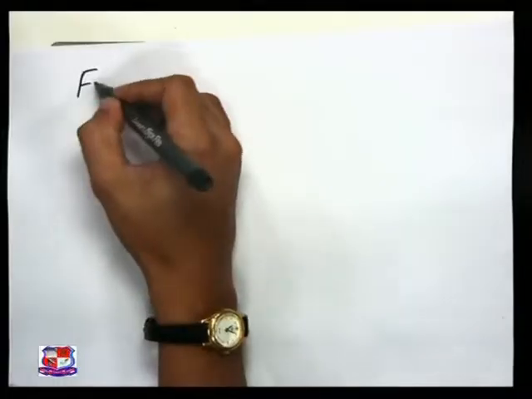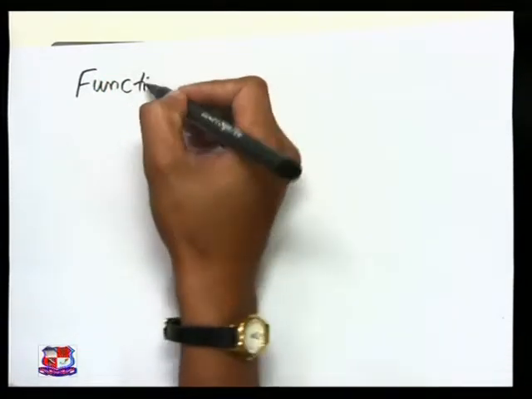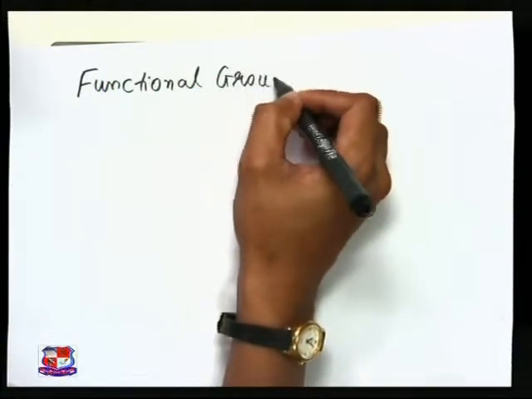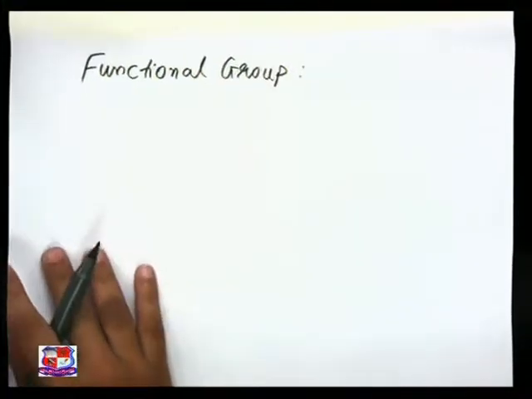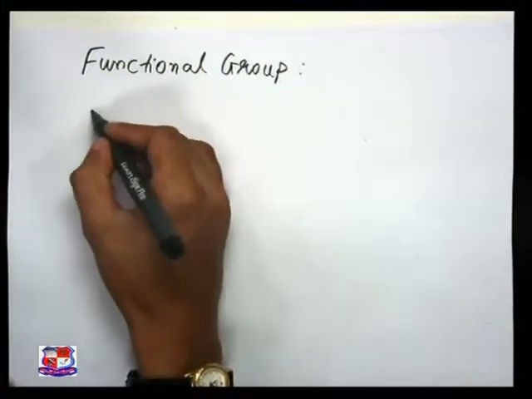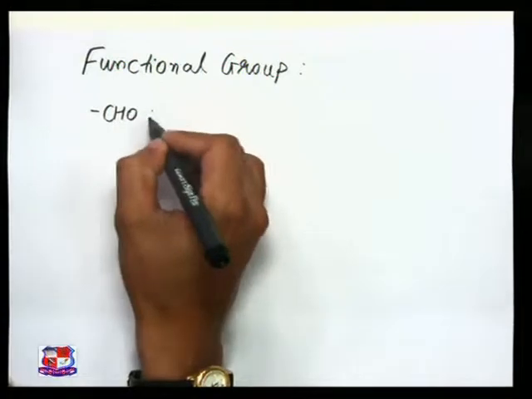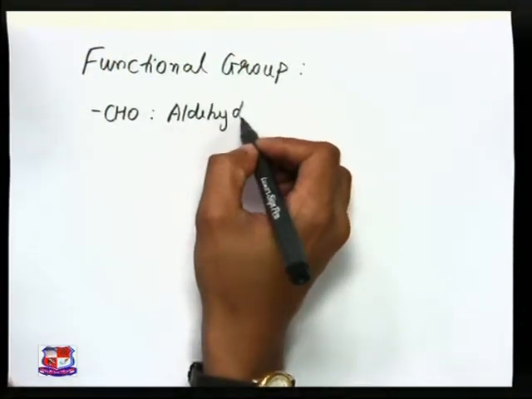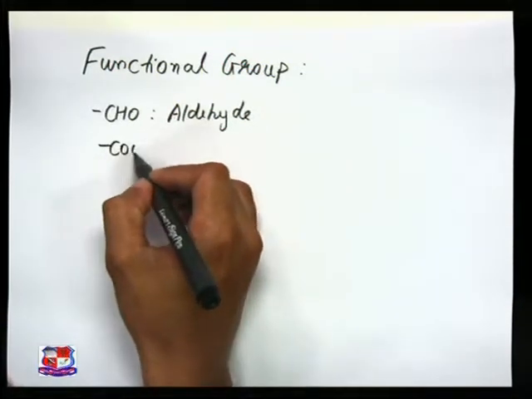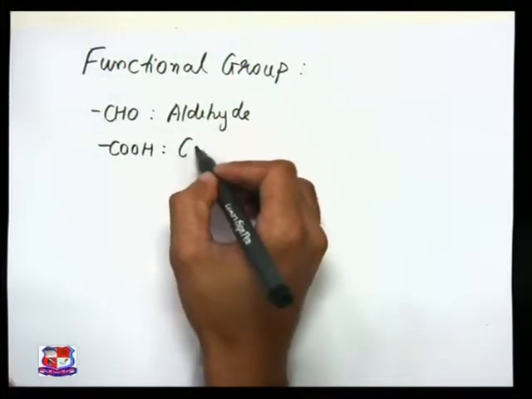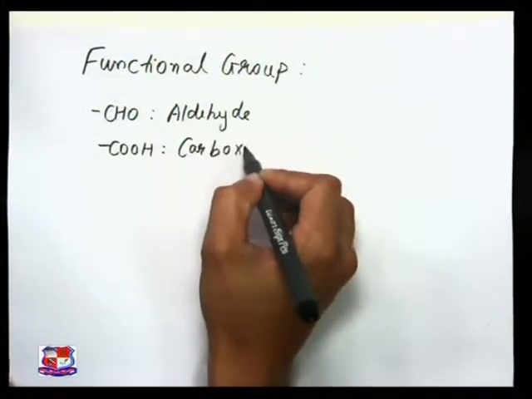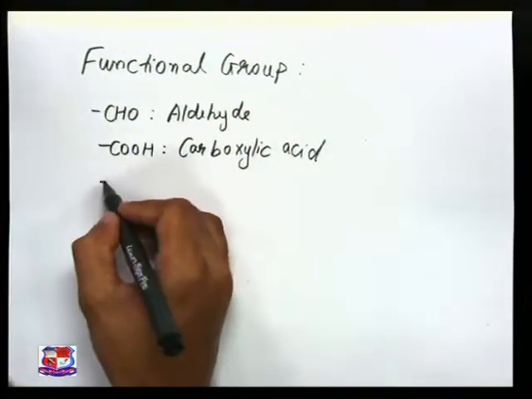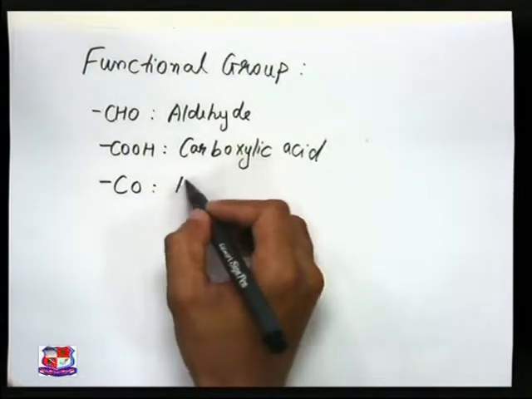In the functional groups, you can recollect the past details. Functional groups are of a variety, which we are going to list down in this session. You know that the CHO group is known as the aldehyde group. The COOH group is known as the carboxylic acid group. The CO group is the ketone group.